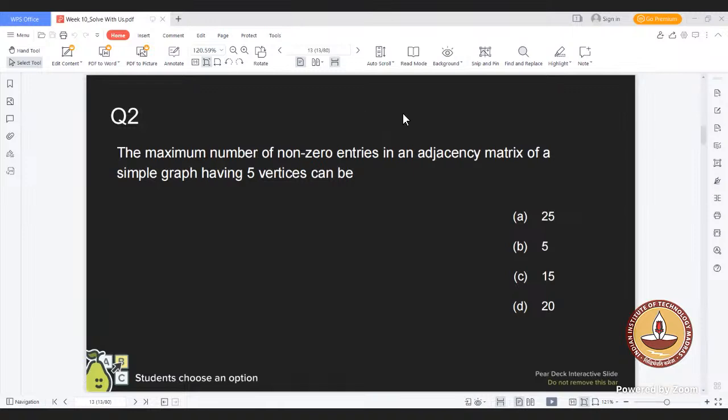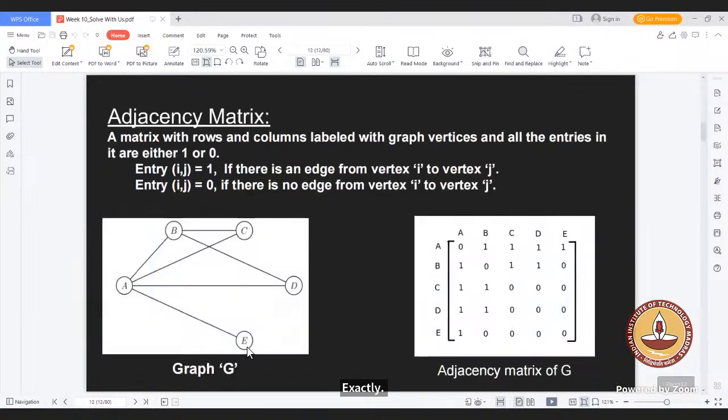So you guys want to see the previous slide? Actually, I want to understand what it means by rows and columns labeled with graph vertices. See, what we'll do is mark the vertices here, A, B, C, D, E, and A, B, C, D, E here.